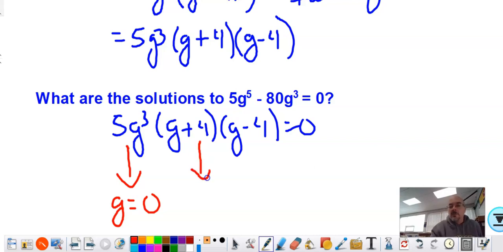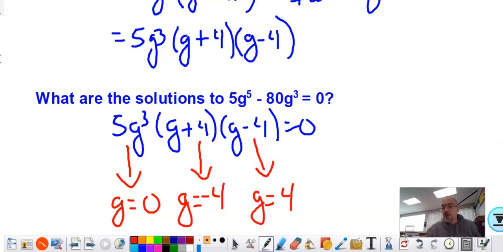For this one, it's going to be g equals negative 4. If you put negative 4 in there, that's going to be 0, and 0 times anything is 0. And this solution is going to be g equals positive 4. So those are the 3 solutions. There's up to 5 solutions on this one, but this one has 3 real solutions.